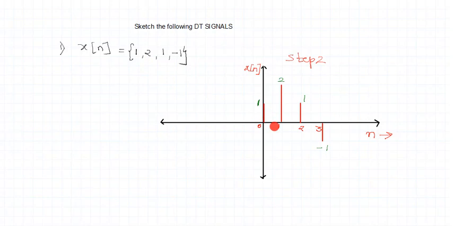So the next sample appears at 1 and has a magnitude 2. Next sample is 1 again. It appears at time instant 2. The magnitude is 1. The last sample has a magnitude of -1. It appears at time instant 3 and has a magnitude of -1. So this completes the plot of the discrete signal Xn.